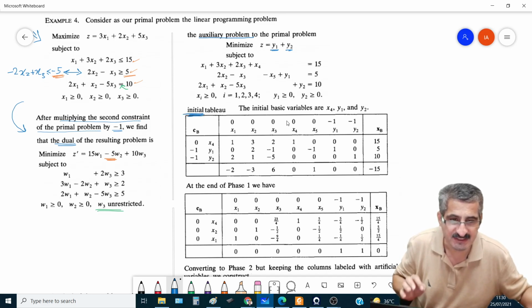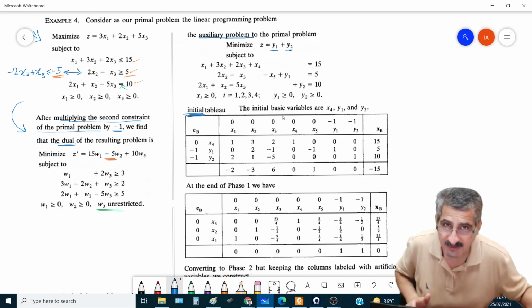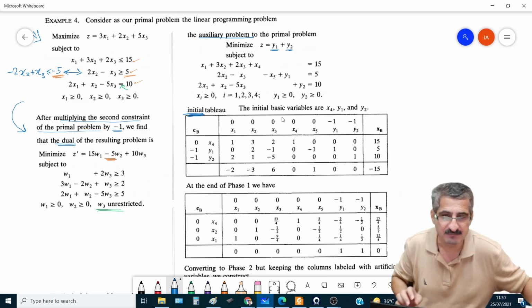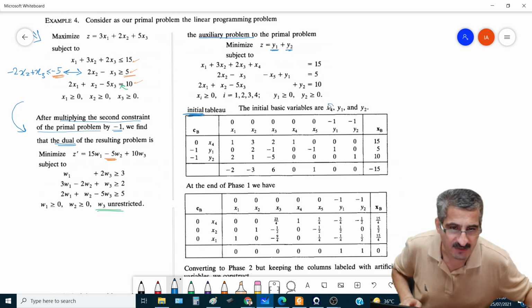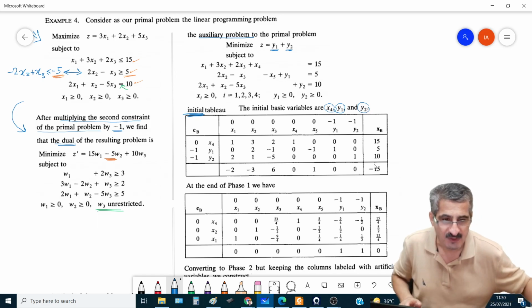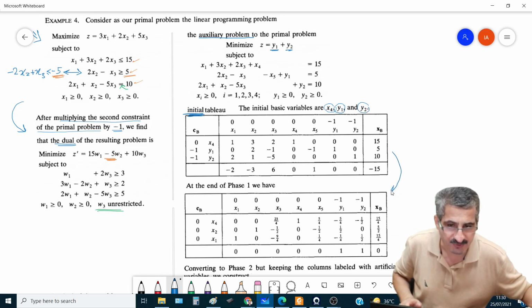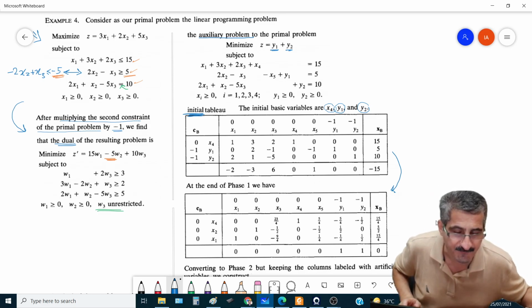This is the initial table of base 1 of the auxiliary problem, and the basic variables are x4, y1, and y2. Now do the pivoting from here to here. At the end of base 1, we have that.